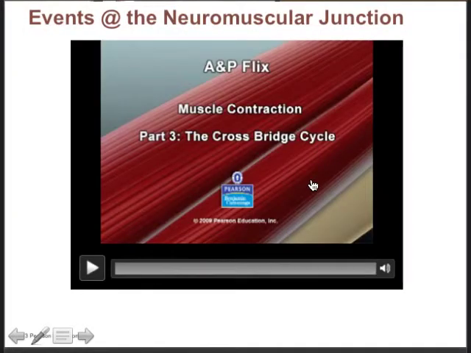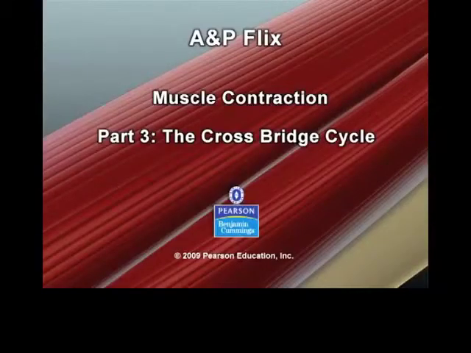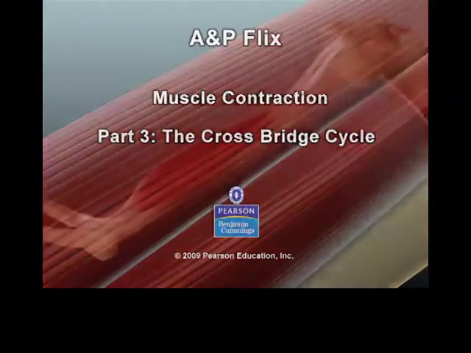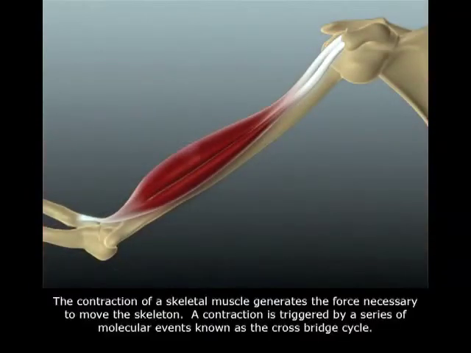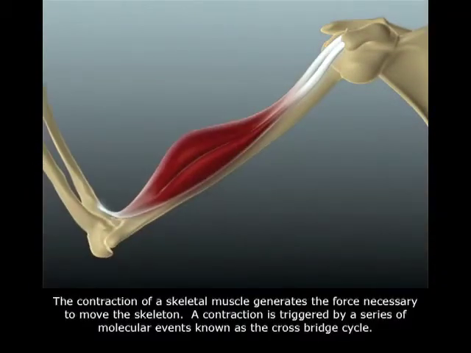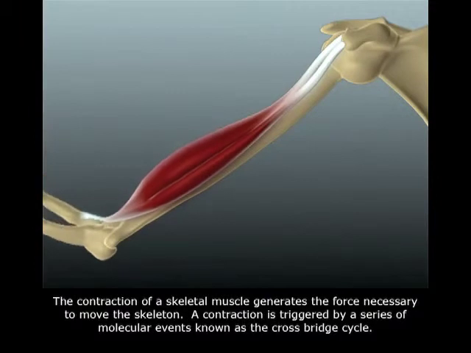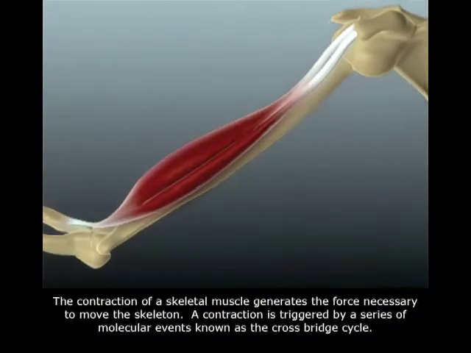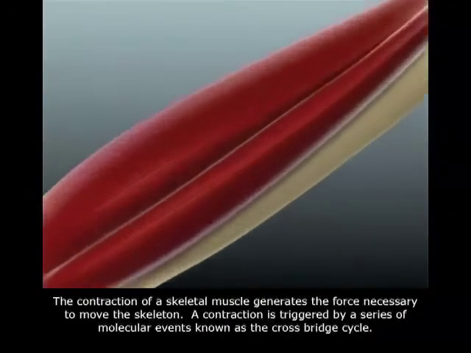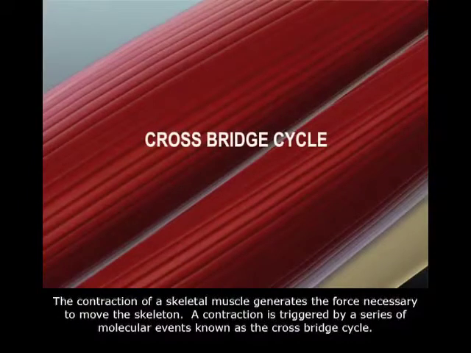Okay, and these are the events that lead to the cross-bridge cycle. The contraction of a skeletal muscle generates the force necessary to move the skeleton. A contraction is triggered by a series of molecular events known as the cross-bridge cycle.